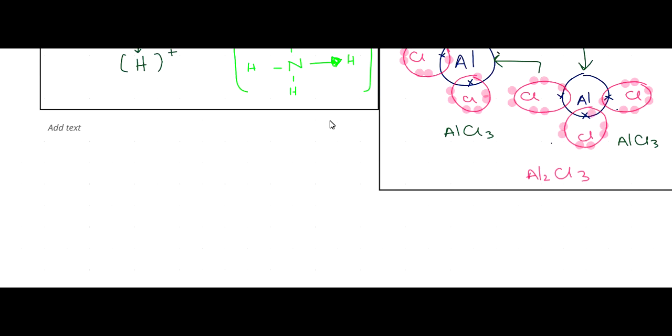All right. Now, generally speaking, remember this. The shorter the bond length, the higher the bond energy. Now, what does this mean? This simply means that when I break the bonds, more energy is going to be needed. So, for example, if I break a single covalent bond, the energy is not going to be that much. If I break a double covalent bond, the bond energy is going to be much greater.